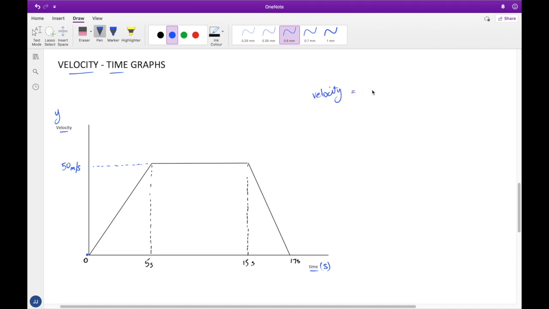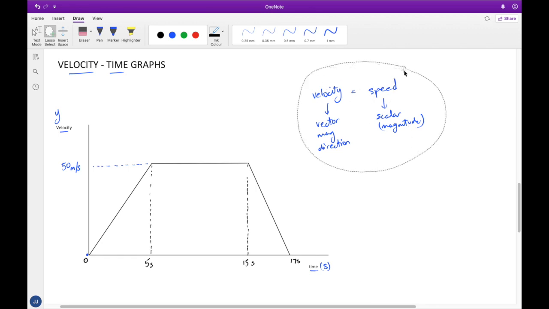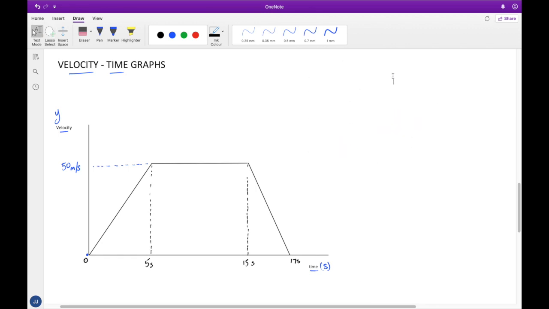It's just another way of saying speed. The difference is that speed is a scalar quantity, so it only has magnitude, and velocity is a vector quantity, so it has magnitude and direction. Generally we can think about them as almost the same thing.